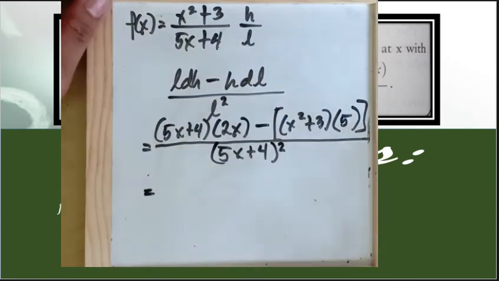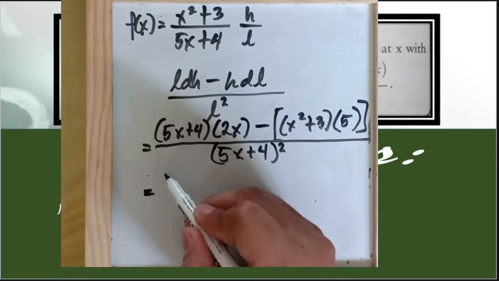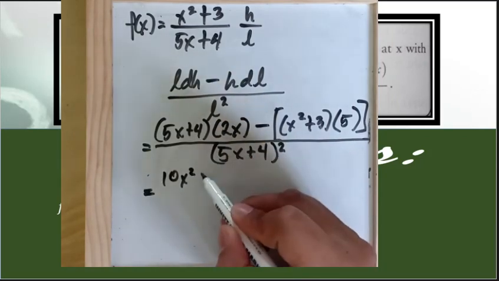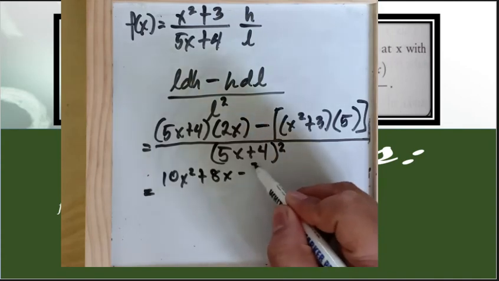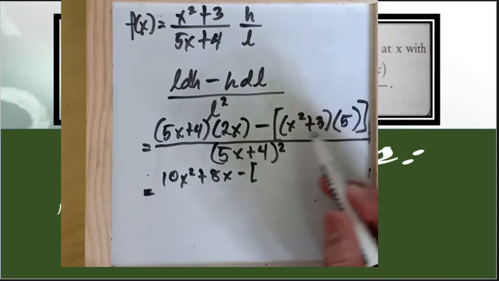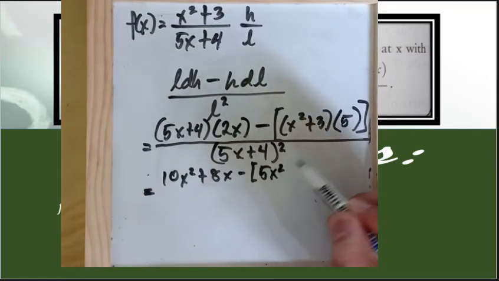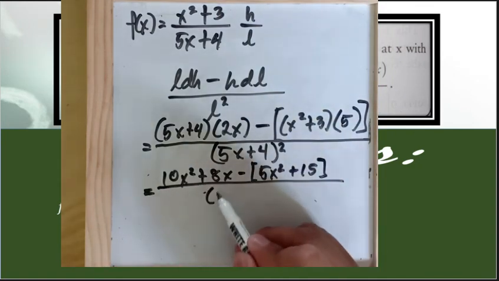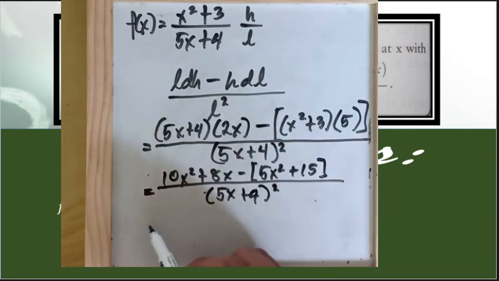Okay. Then let's just simplify. So this is 2x times 5x is 10x squared. 2x times 4 is positive 8x minus, don't forget the bracket, 5 times x squared is 5x squared. 5 times 3 is 15 over your 5x plus 4, the quantity squared.